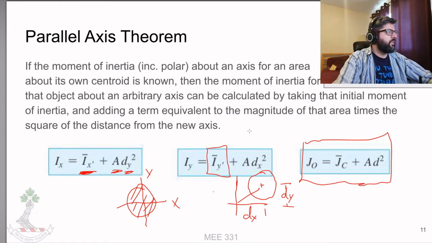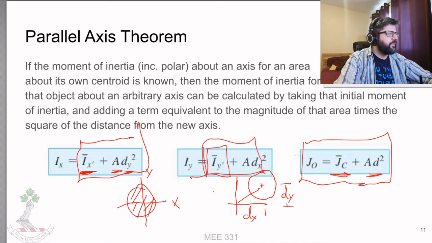And again, that shouldn't be too surprising, because we know that these values here are just going to be these values plus these values.